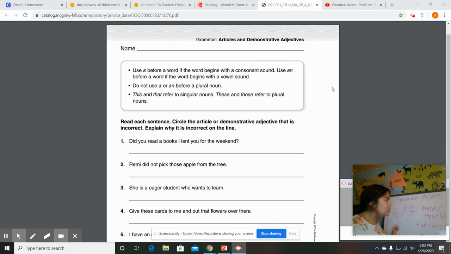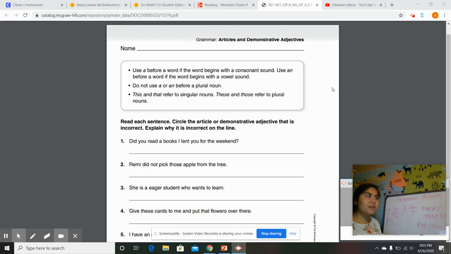Now, we can't just use these words whenever we want. They all get used during a specific time, right? So for example, and I know the directions are here on this worksheet, so I didn't write it all out, but I wrote it basically out. So for the word a, you use it for any word that starts with a consonant.